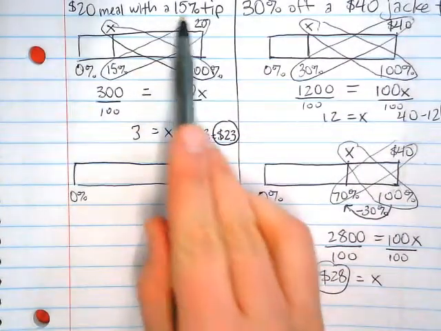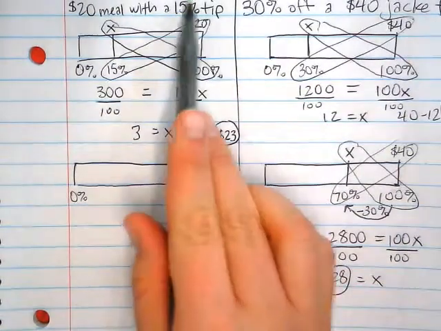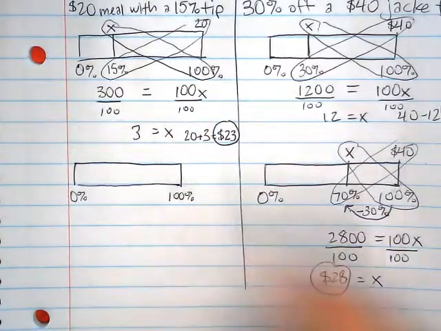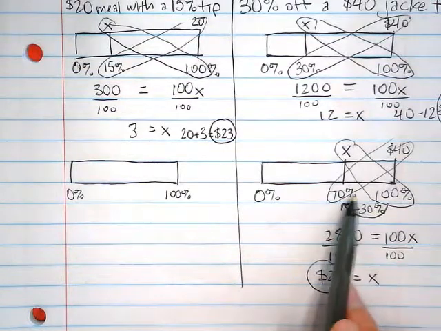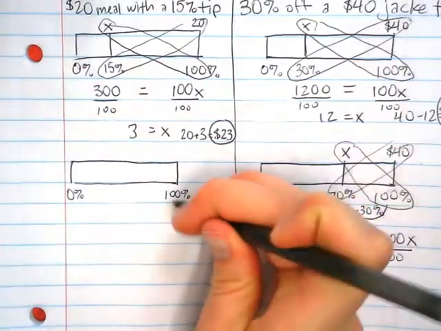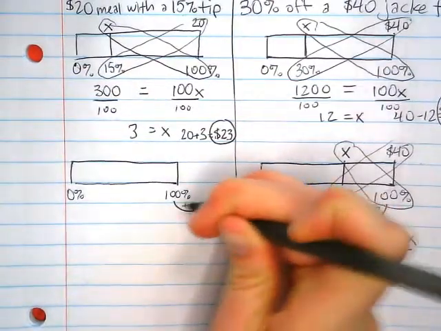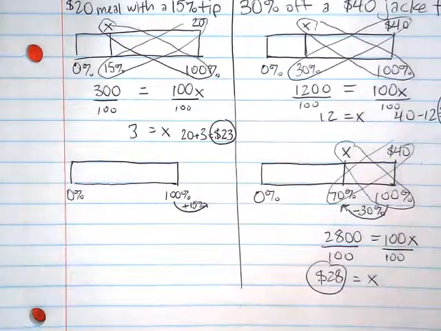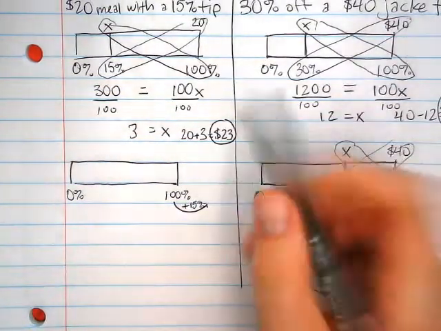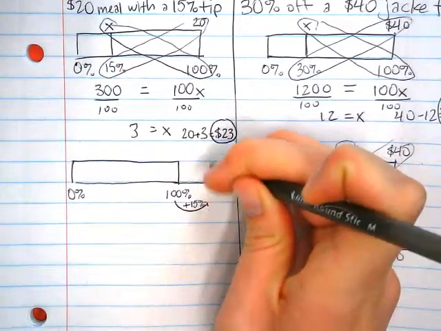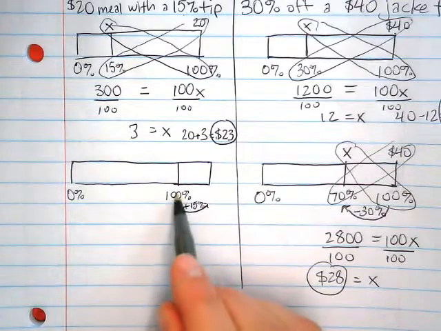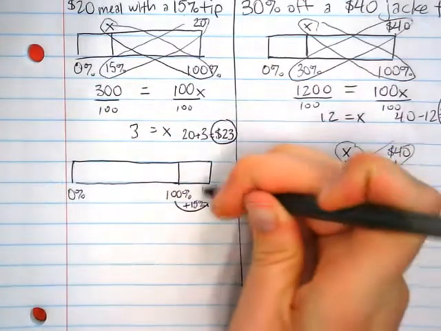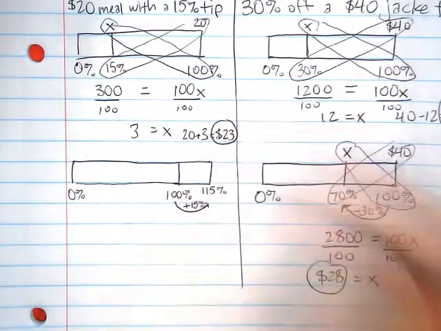I know I'm having a 15% tip, and since that's going to make my cost go up, instead of over here where we subtracted the percent because we were taking off 30%, here I'm going to add that 15% because I know I'm going to need to add that tip on. So I'll extend my tape diagram a little bit. 100 plus 15 is 115%.